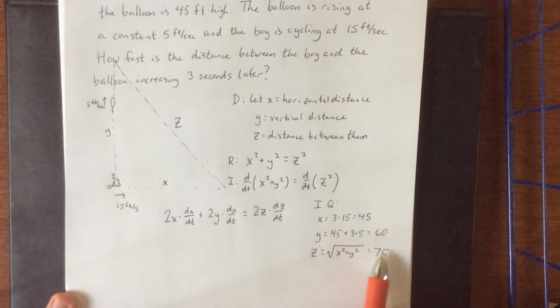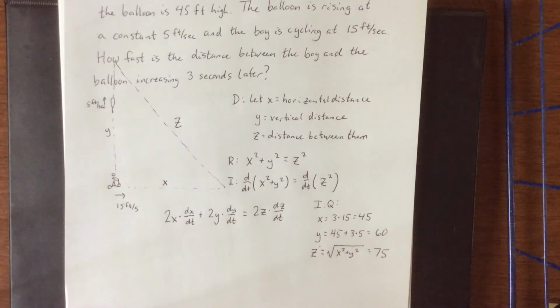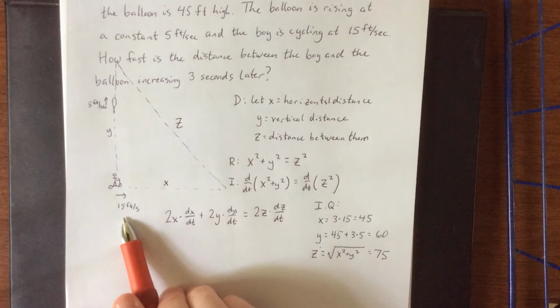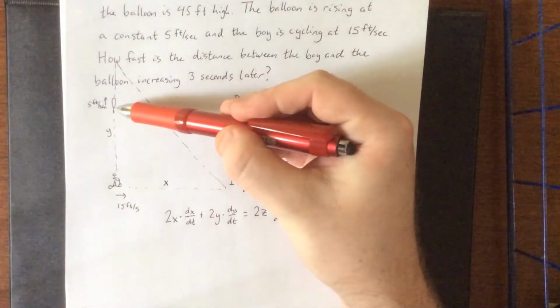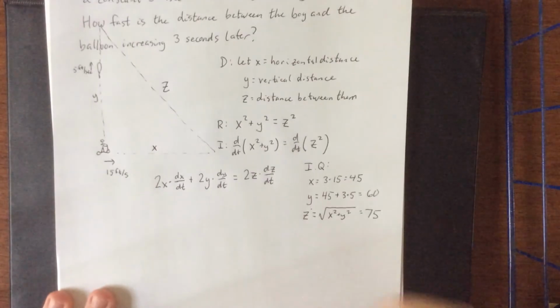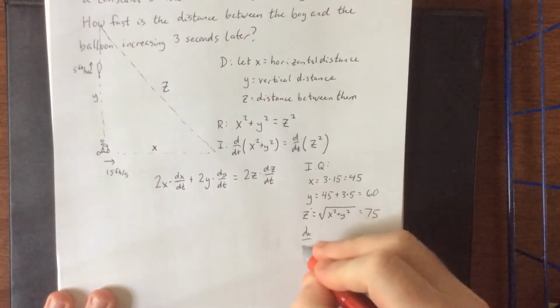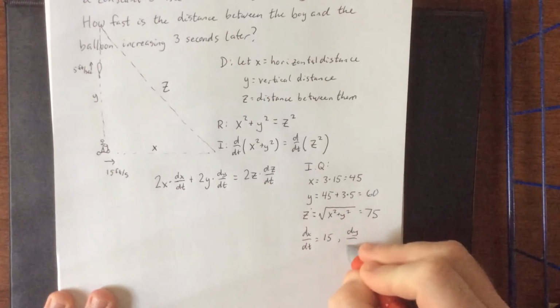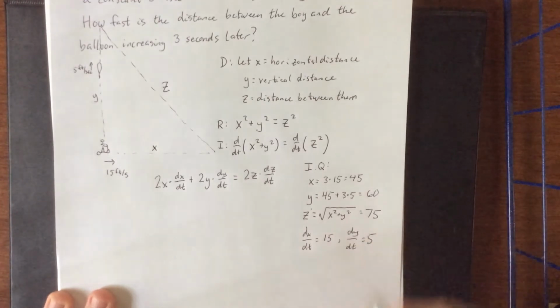So 3 times 15, 4 times 15, and 5 times 15. Additionally, we also know that dx over dt represents the speed at which the boy is traveling, and dy dt represents the speed at which the balloon is rising. So dx over dt is equal to 15, and dy over dt is equal to 5.